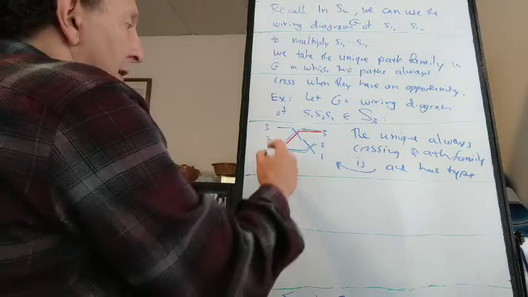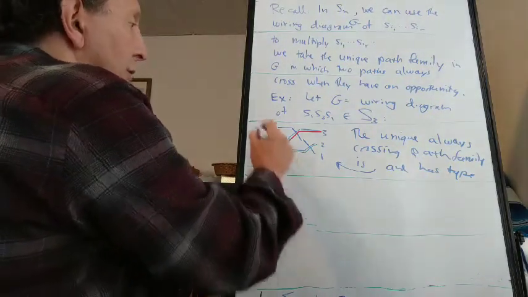This has type 1 goes to 3, 2 goes to 2, 3 goes to 1.